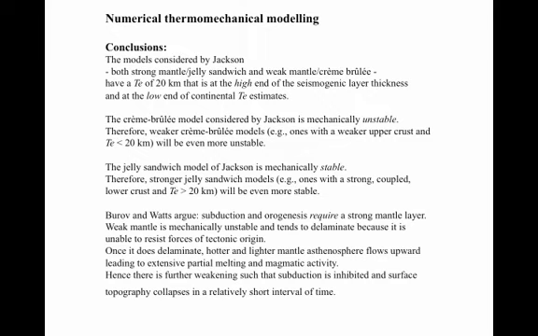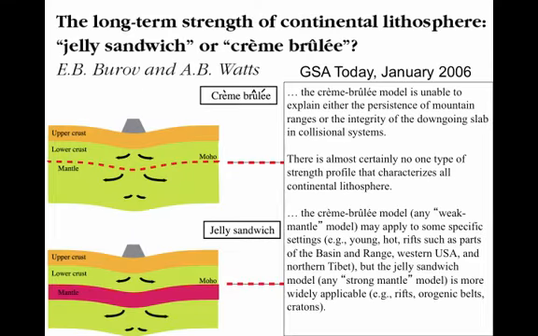And hence there is further weakening such that subduction is inhibited and surface topography collapses in a relatively short time. These models were published in 2006, and the conclusions are basically that the creme brulee model is unable to explain either the persistence of mountain ranges or the integrity of downgoing slab in a collisional system.